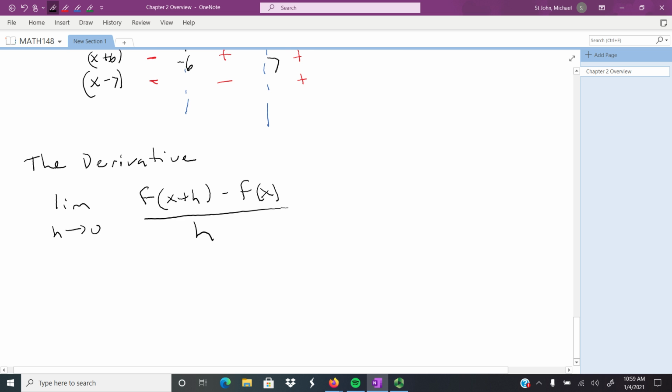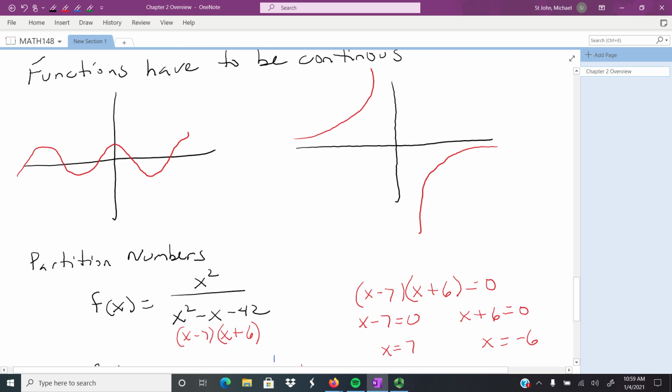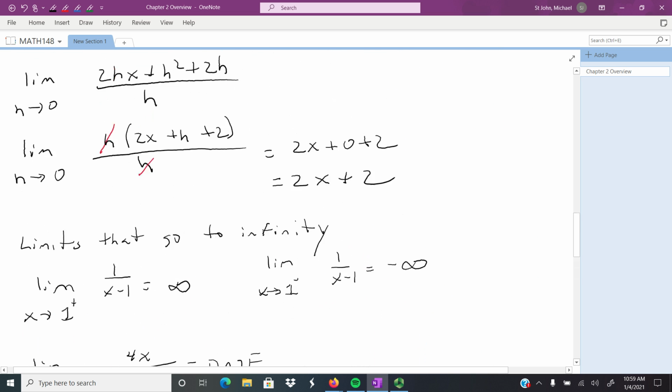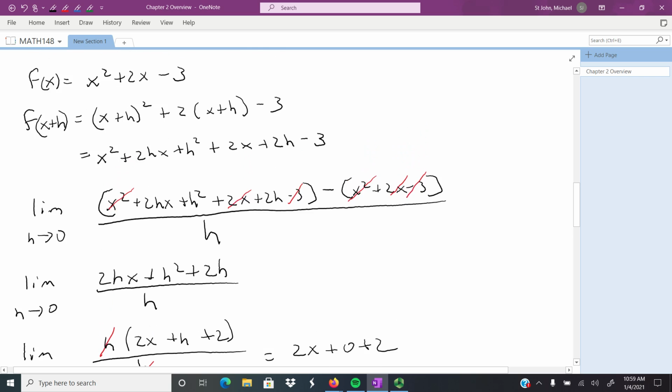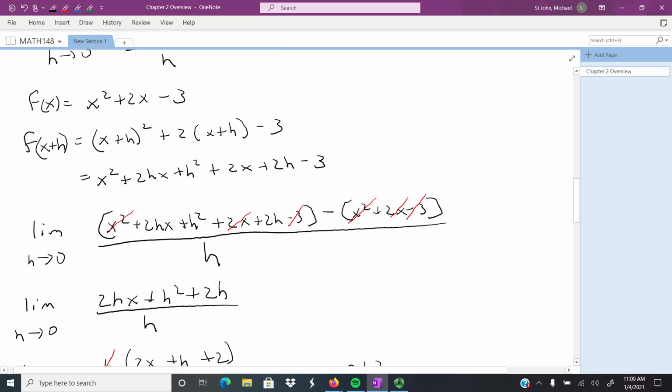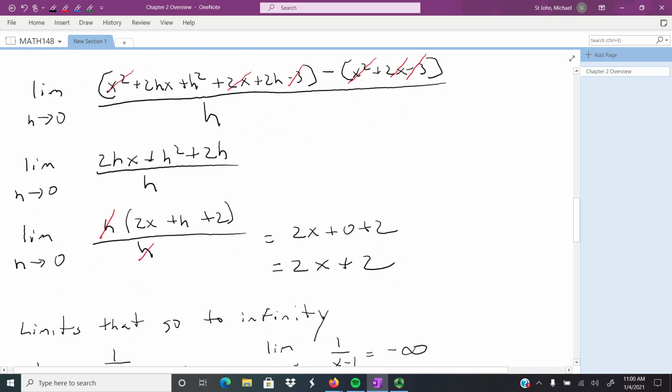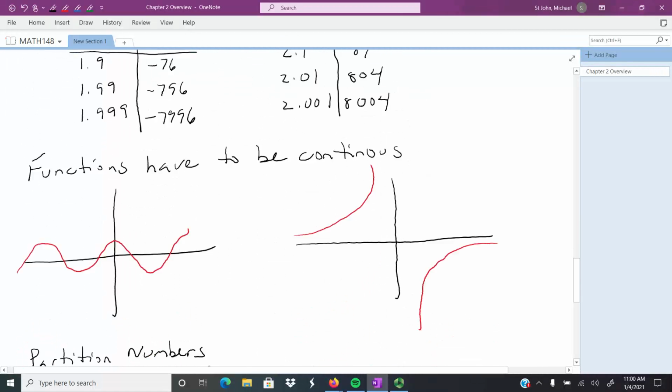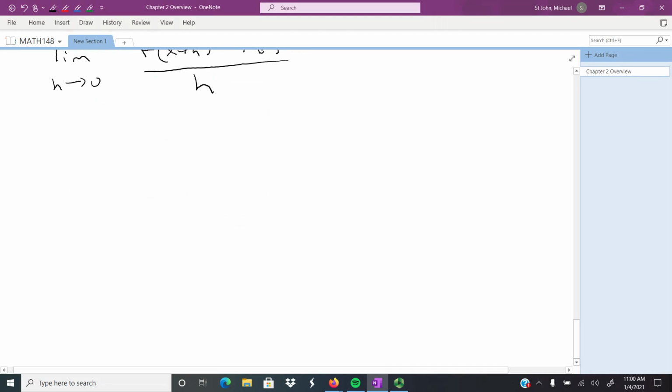If you look at the one we did previously, when we did this part here, we basically found the derivative of that function. We called it the difference quotient. That is actually what we also call the derivative.